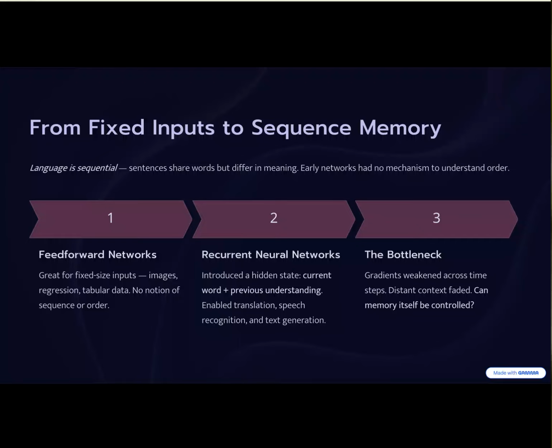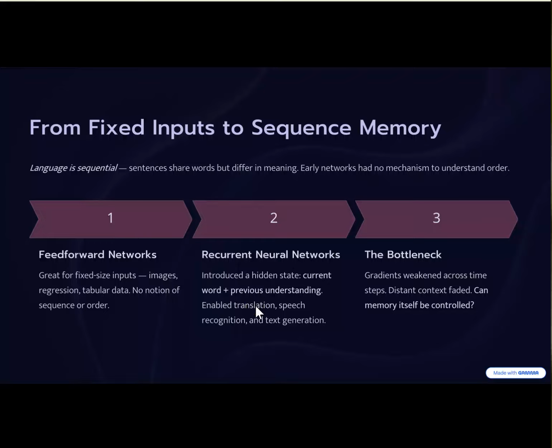But soon researchers discovered another problem, the long-term dependency problem. Suppose we have a sentence: The report that I have worked on for several weeks was finally accepted. To understand was finally accepted, the model must still remember report, which appeared much earlier, right?